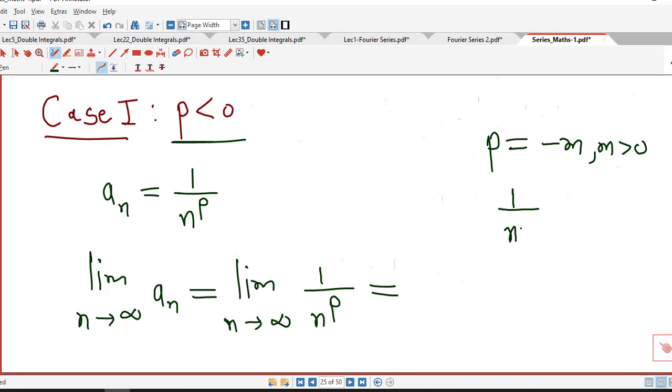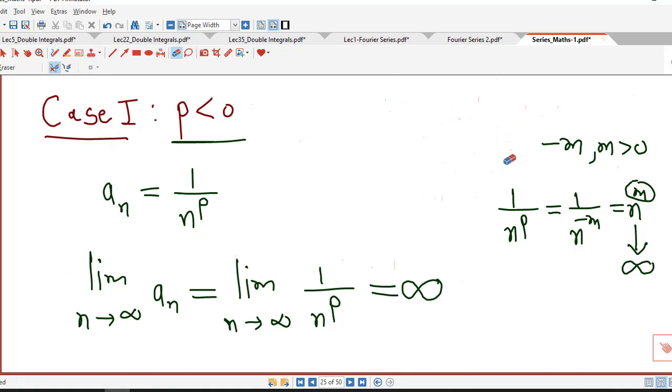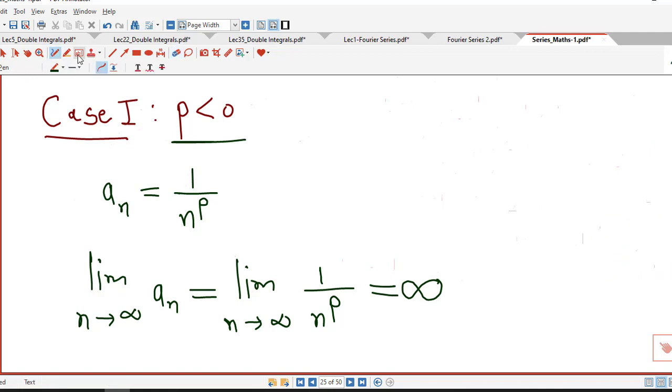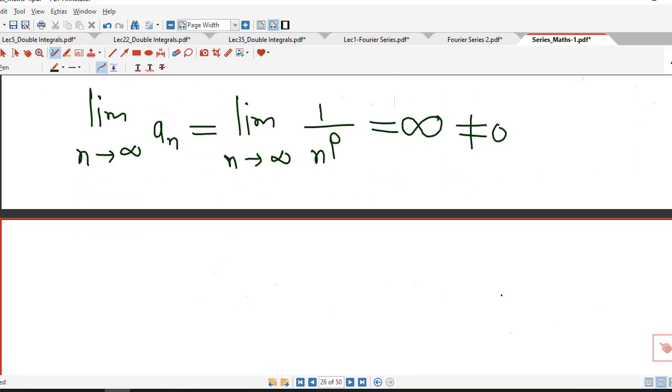Then 1 over n raised to p will be equal to 1 over n raised to minus m, which is n raised to m, and as n tends to infinity, because we have a positive power, this is going to be infinity. So if p is negative, the limit of the nth term is infinity, which is different from 0. By the nth term test for divergence, we can say that the series is divergent if p is negative.